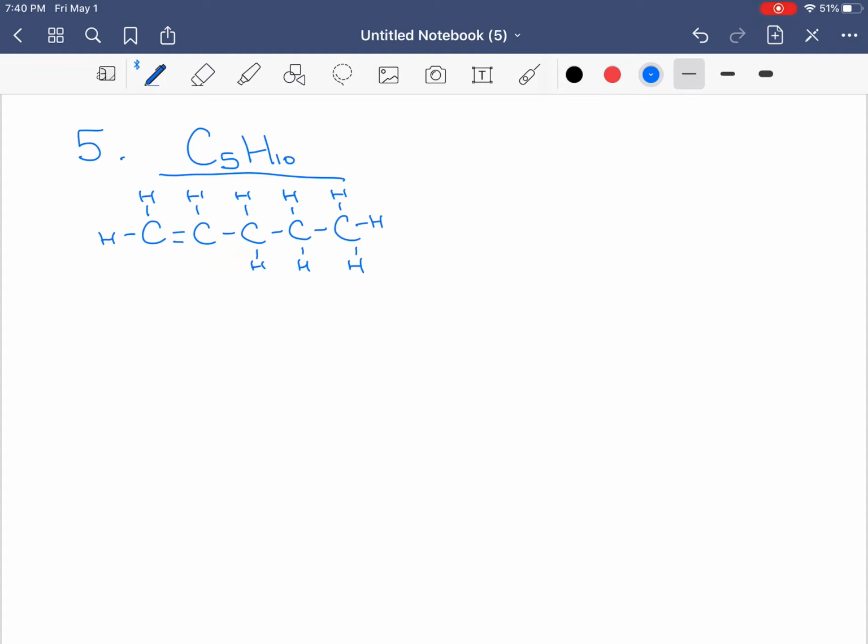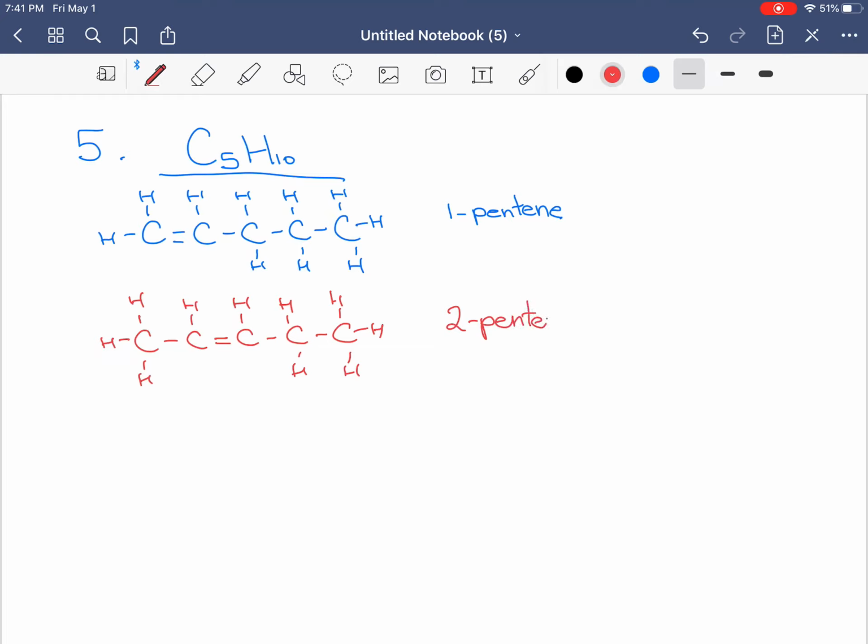All right, so this is going to be called 1-pentene. Do you think there's going to be a 2-pentene? Absolutely. Of course there is. There you go. 2-pentene.